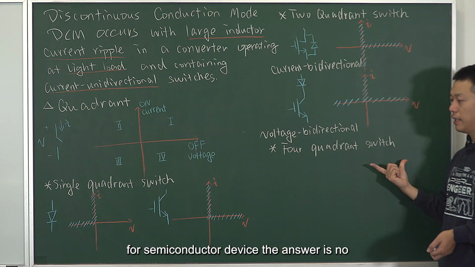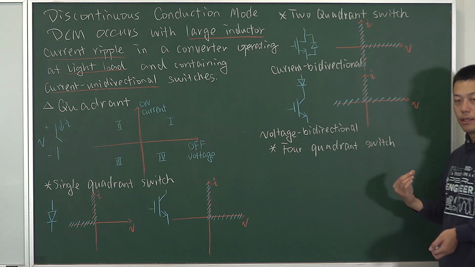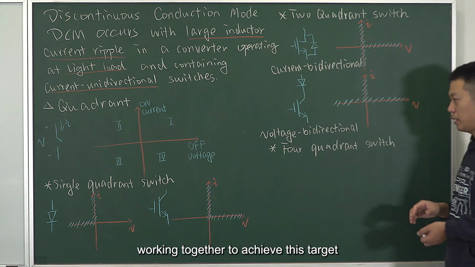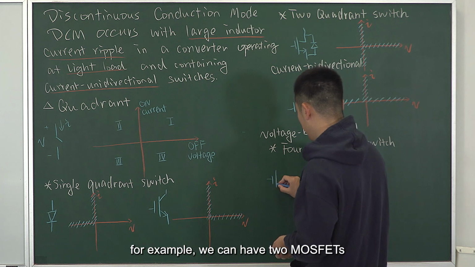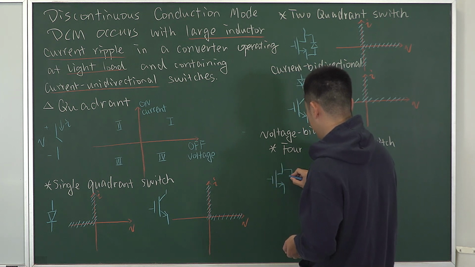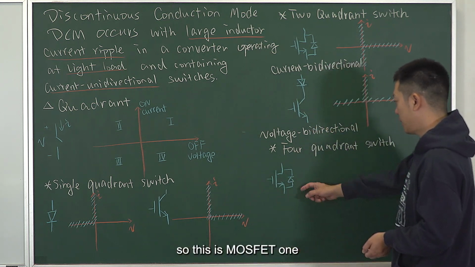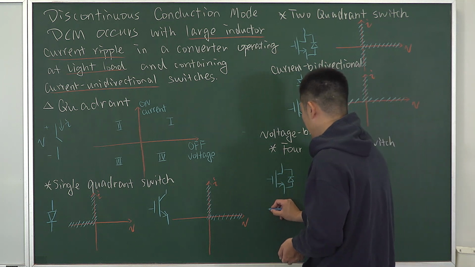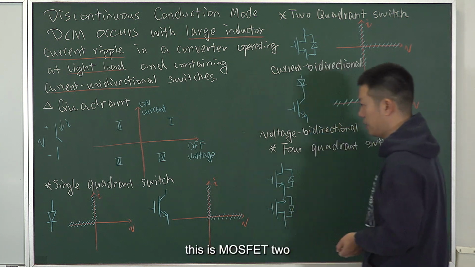For semiconductor devices, the answer is no. We have to have multiple devices working together to achieve this target. For example, we can have 2 MOSFETs. This is MOSFET 1, and this is MOSFET 2.